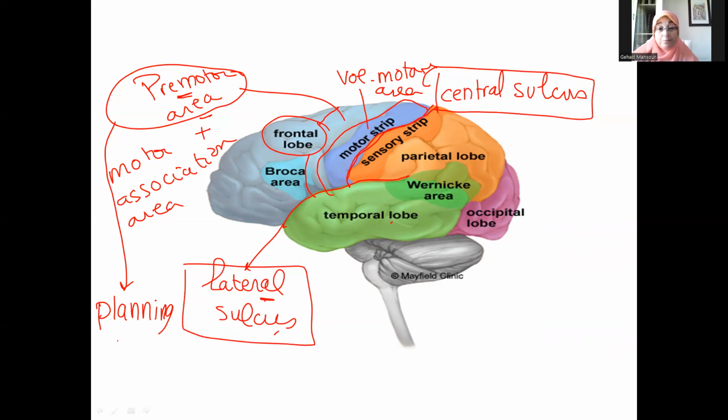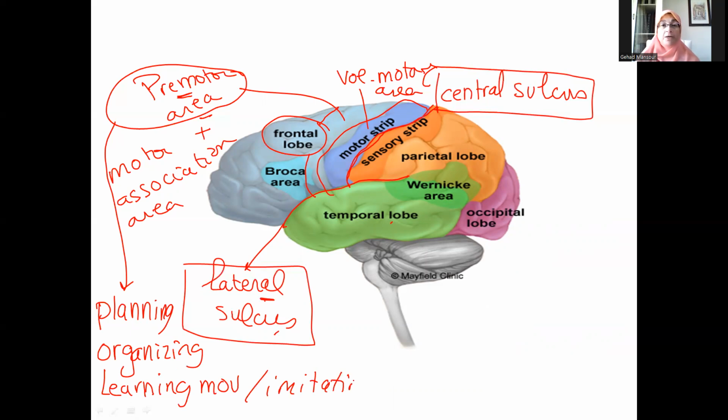So planning movements, motor movements, of course, organizing movements. And this is very useful in learning movements, imitation, and all this kind of things that monkeys do.